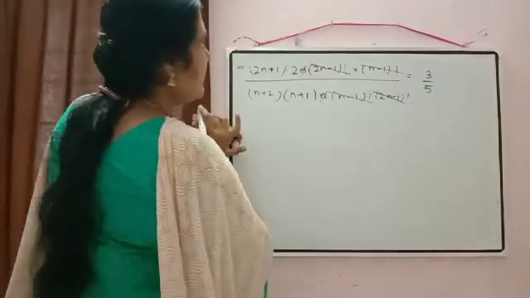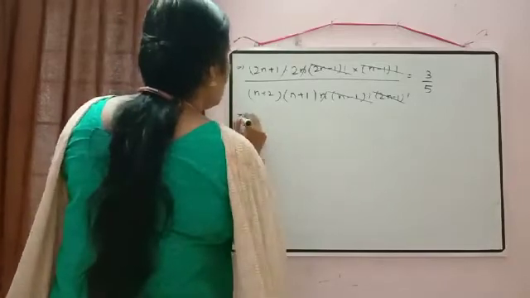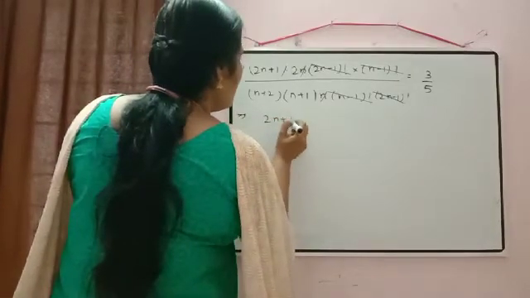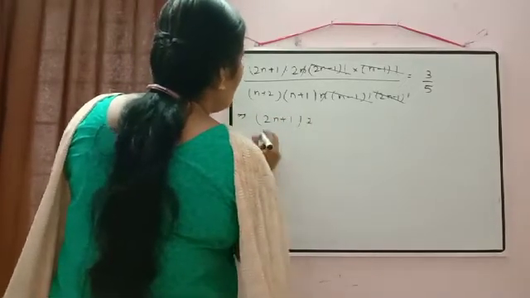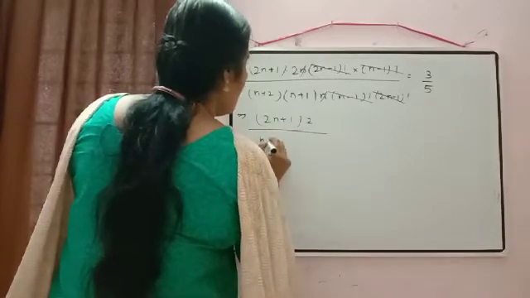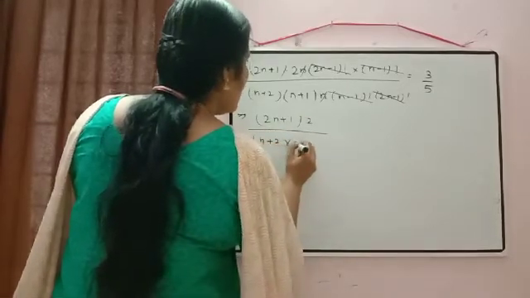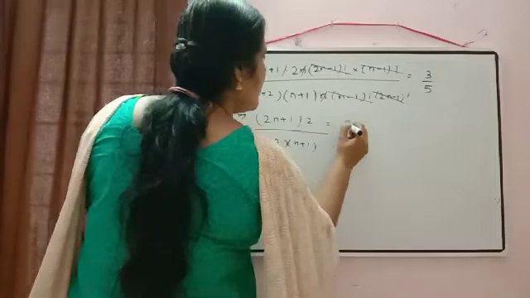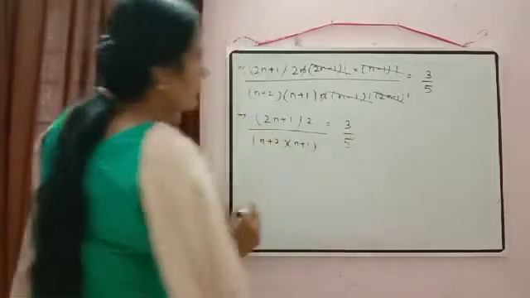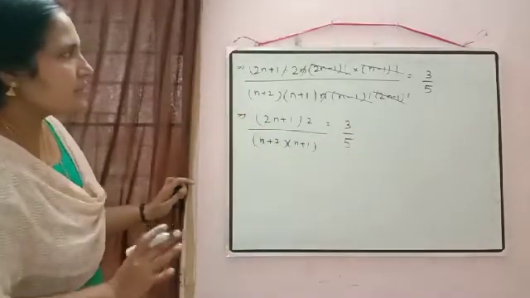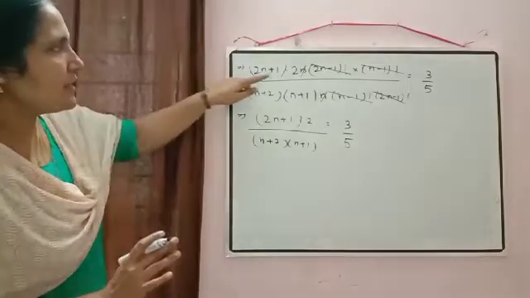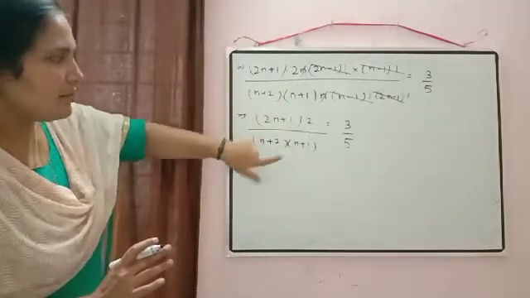Any other thing? No. So remaining we have (2n+1) into 2 by (n+2) into (n+1) is equal to 3 by 5. Correct? These expressions are correct, only (2n+1) into 2 is remaining.